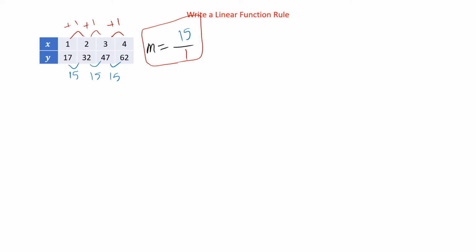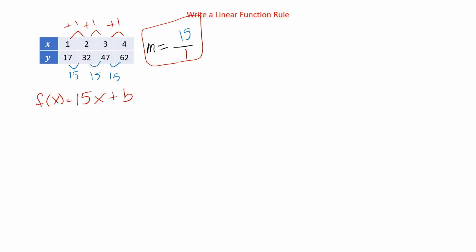So we have a slope. So we had to do that to find the slope anyway. We have a slope, so we have y equals, but instead of y, we're going to write it as a function. So we're going to have f of x equals, and then the slope m is 15x plus b. We've dealt with this. This is slope-intercept form. We could do this using point-slope form if we wanted to, or we can just plug in a point.